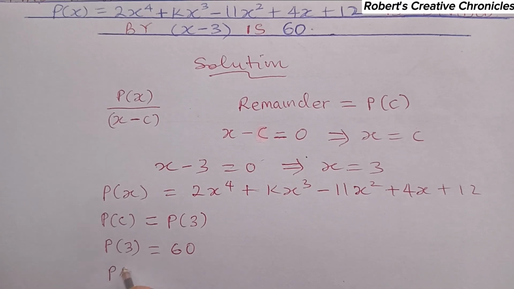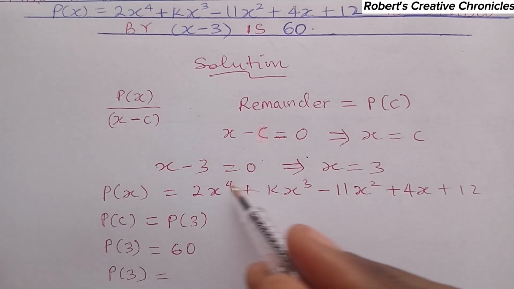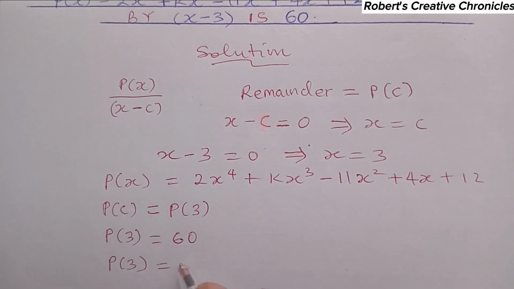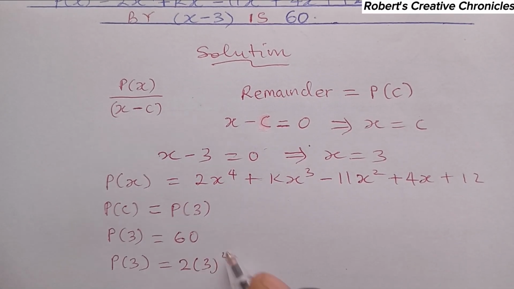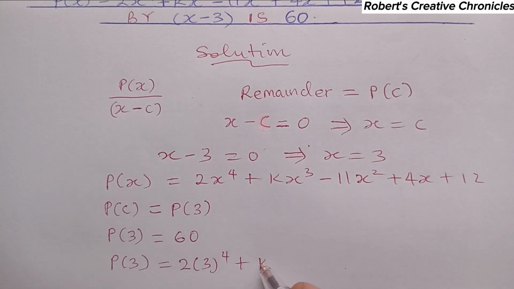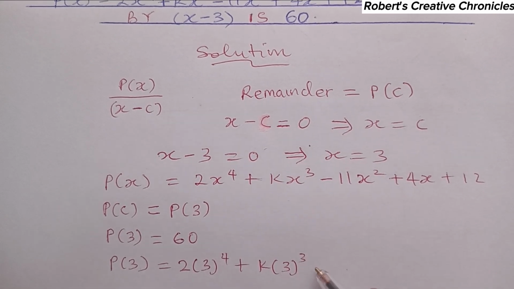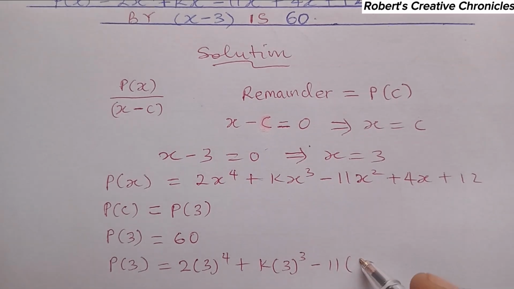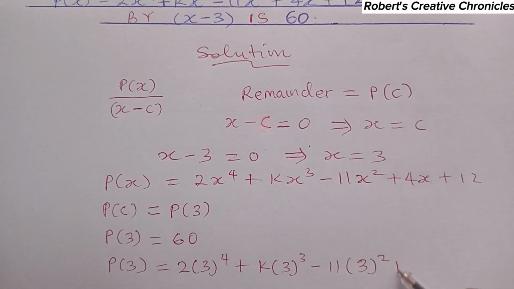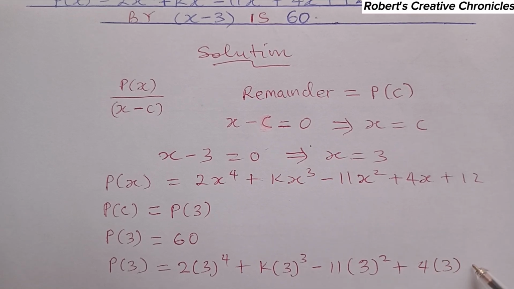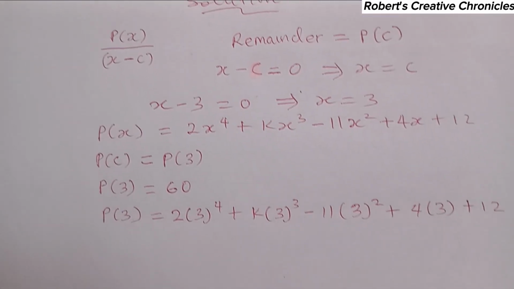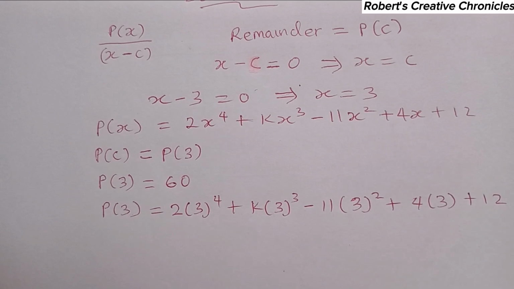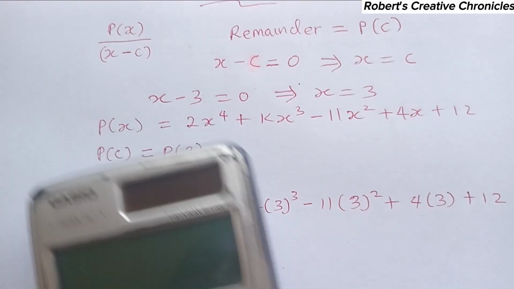Now we can substitute it. Any value we get, we equate it to 60. So it will be 2 times 3 raised to the power of 4, plus k times 3 raised to the power of 3, minus 11 times 3 squared, plus 4 times 3, plus 12. So now let's put this inside the calculator.